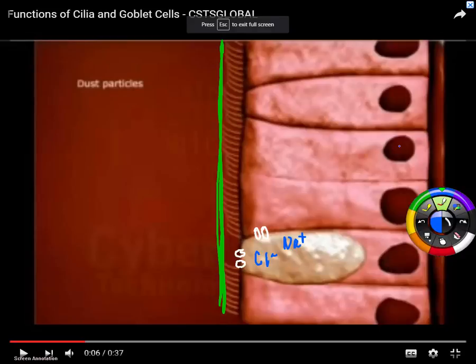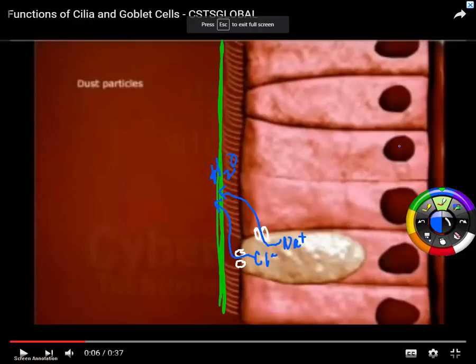And when the mucus is made, the chloride will leave through a chloride channel. And then to maintain the law of electroneutrality, the sodium ion will leave through a sodium channel. And that will draw water out of the blood into the mucus, making the mucus less viscous.